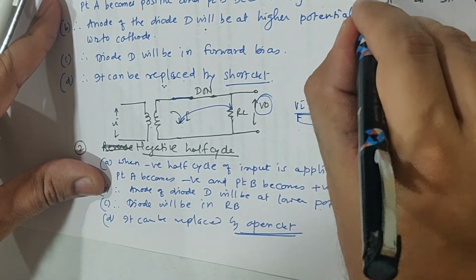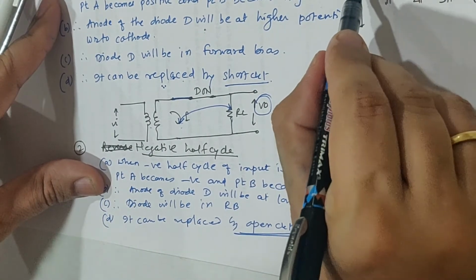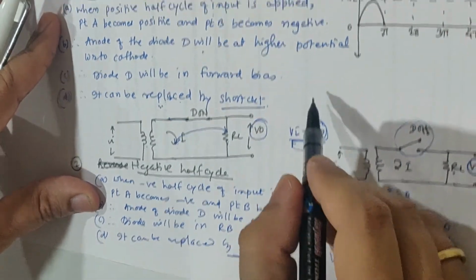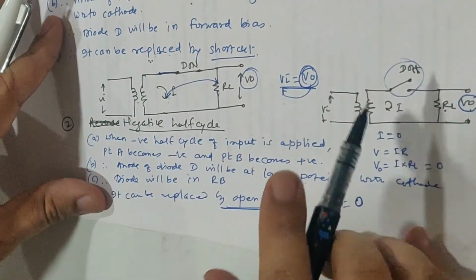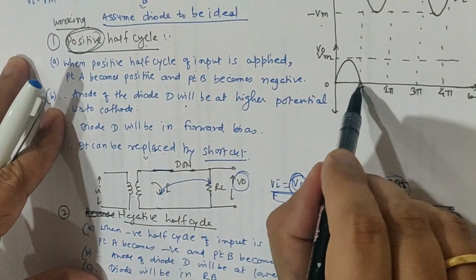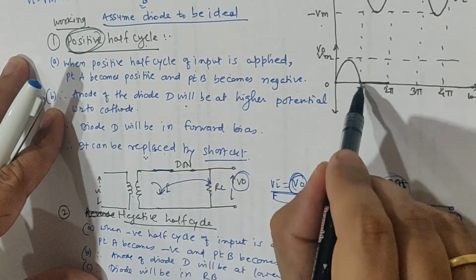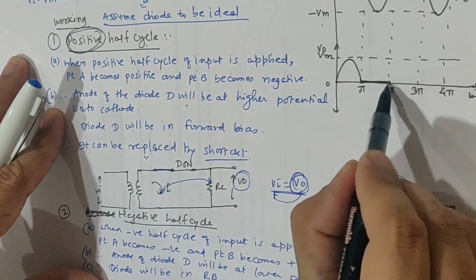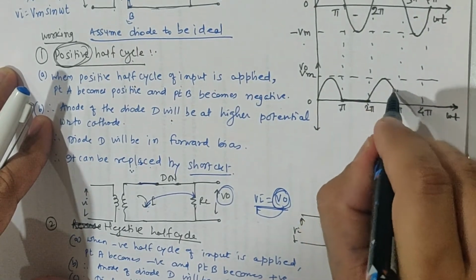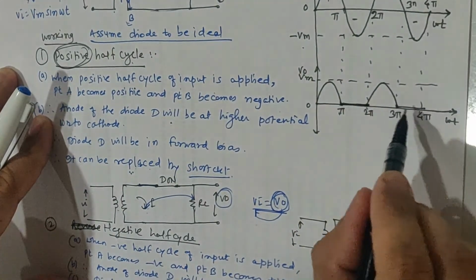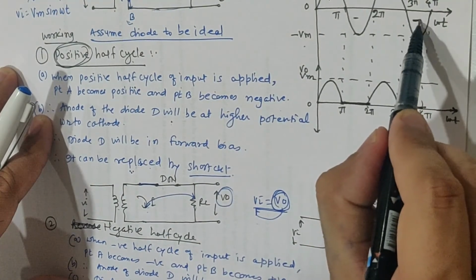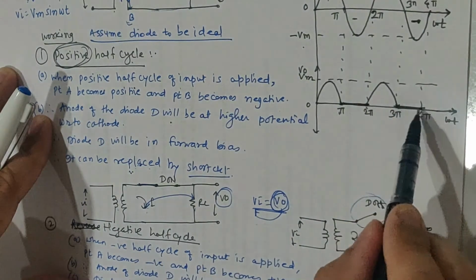So we sketch it as it is, and let us draw this level as Vm. Now in reverse bias, or the negative half cycle, V0 becomes 0. So for the entire period pi to 2 pi, the output is going to be 0. Again the positive half cycle comes, so output equals input, and again for 3 pi to 4 pi, because the input is in the negative half cycle, the output is going to be 0.